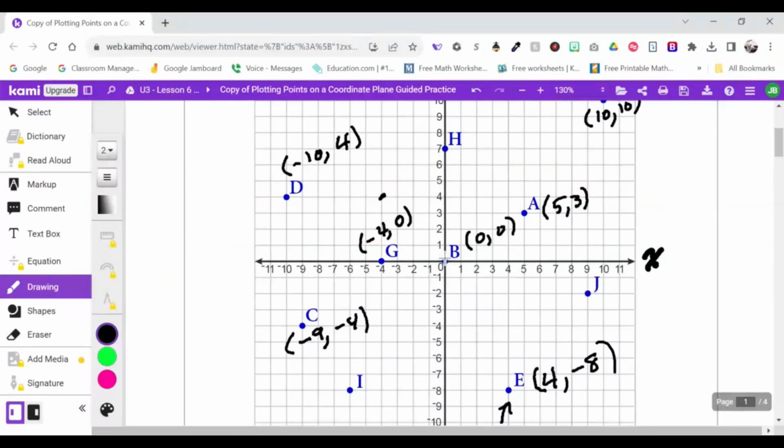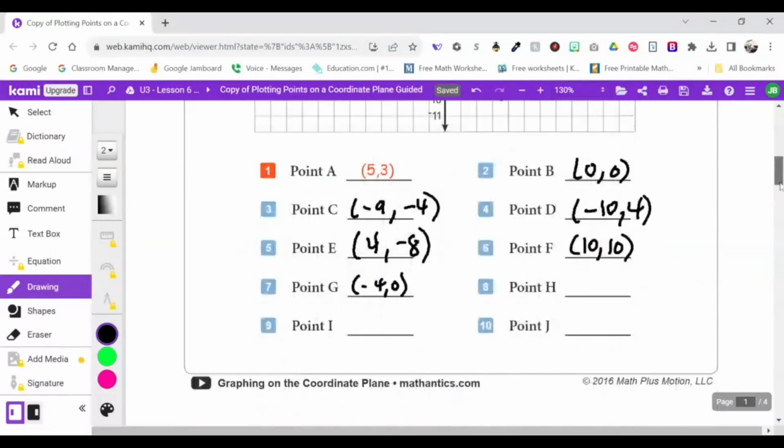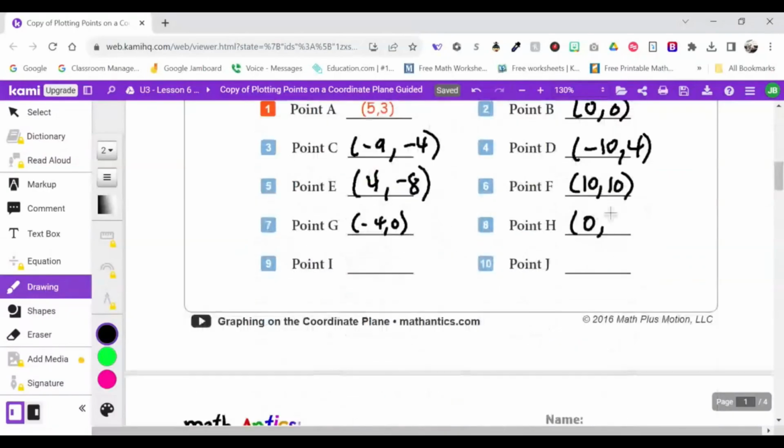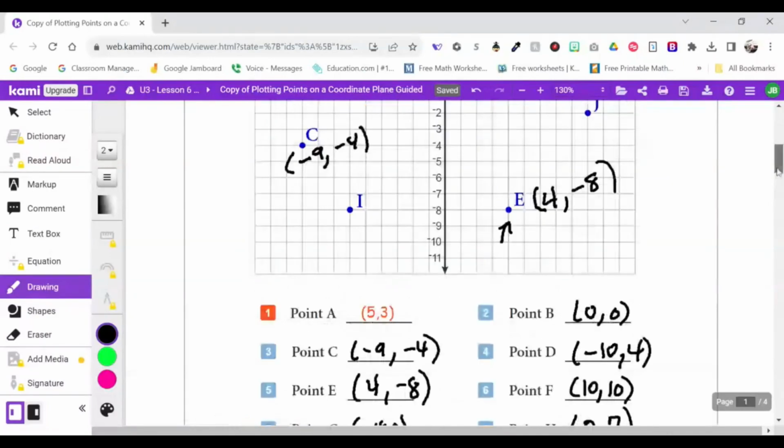Okay, good. In the x direction, we don't move anything. We don't move forward or back. We're staying at 0 in the x direction. So the x coordinate is 0, and then we go to positive 7 on the y. So yes, it is (0, 7). How about point I?